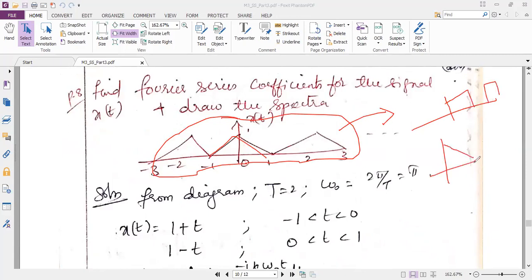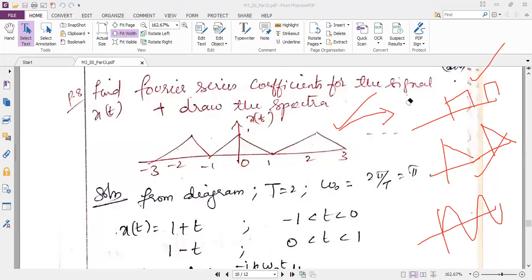After this class, you can refer to the old question papers. They may ask the Fourier series coefficients for signals of this type: triangular, square, ramp, and even sinusoidal. I am going to solve one problem in all four signals. I will tell you how to consider the limits, how to find the equation, etc.